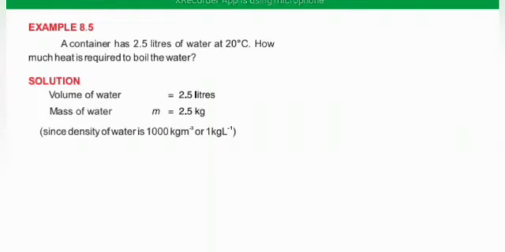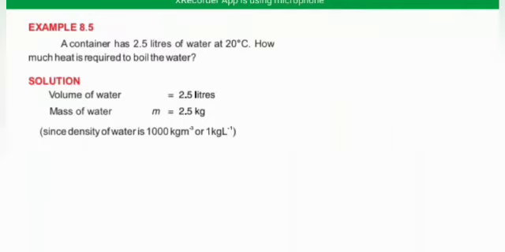Now students, we will solve example number 8.5, and the statement of example 8.5 is: a container has 2.5 liters of water at 20 degrees centigrade. How much heat is required to boil the water?